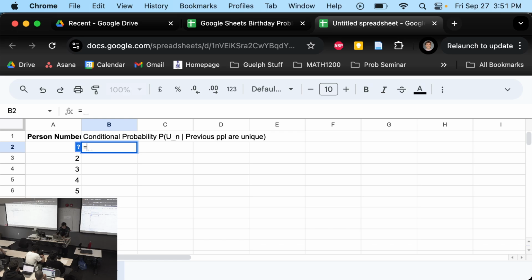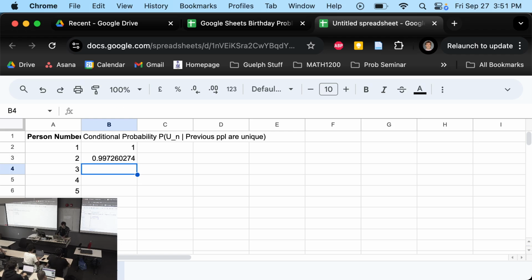For the first person, it's literally 365 divided by 365, 100%. For the second person, it's 365 minus 1, all divided by 365. And the pattern is it always goes down by 1. So the second person who walks into the room has a 99.7% chance of having a unique birthday, and so on.